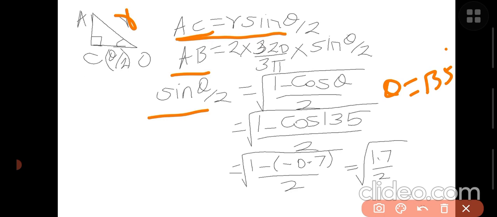Now the value of cos 135 is given as minus 0.7. Square root of 1 minus 0.7 divided by 2, which gives square root of 1.7 divided by 2.